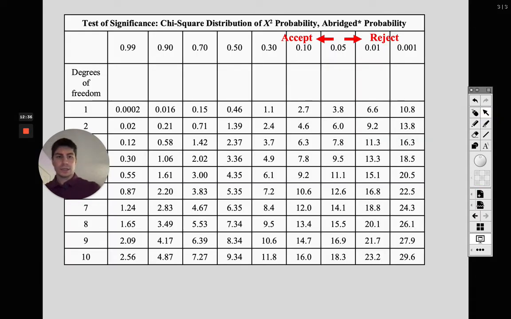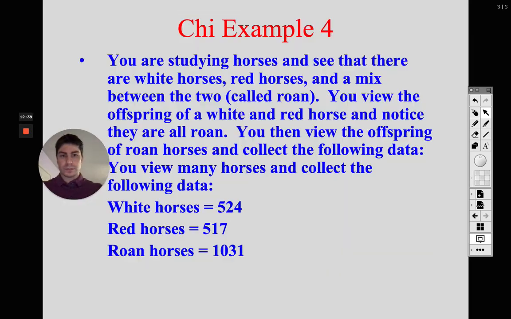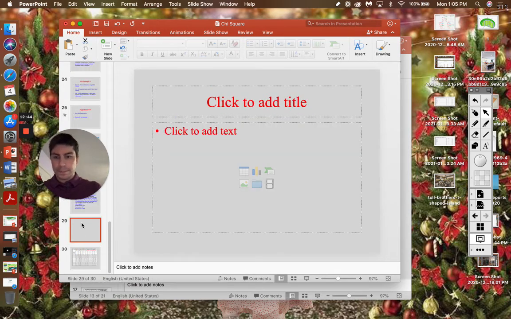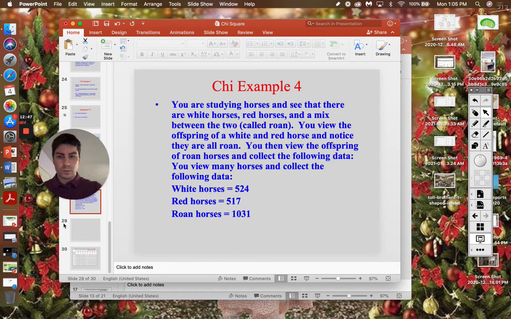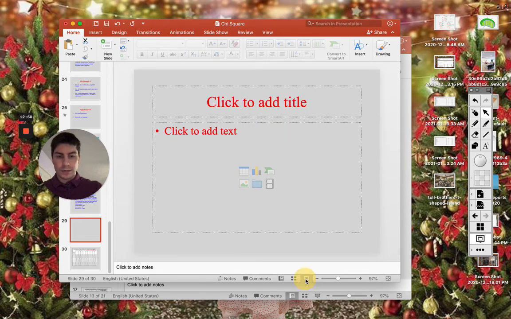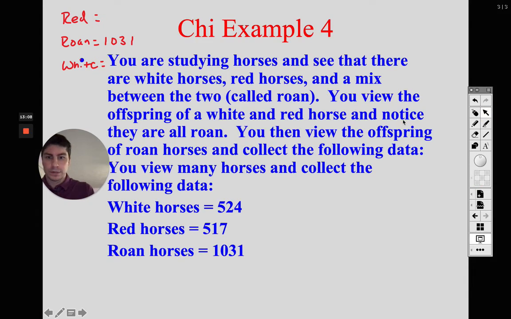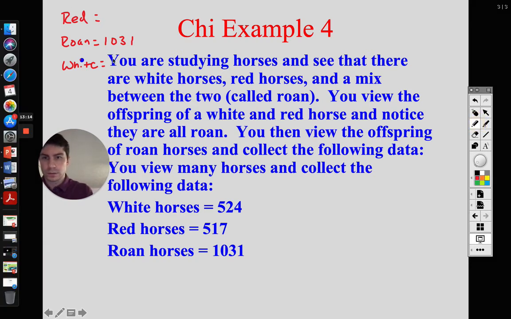All right, so here is once again our table, guys. Whoops, I forgot to add a slide in there. Okay. So we have 524 white, 517 red, and 1,031 roan. Let's do our expected. 524 white, and red 517.